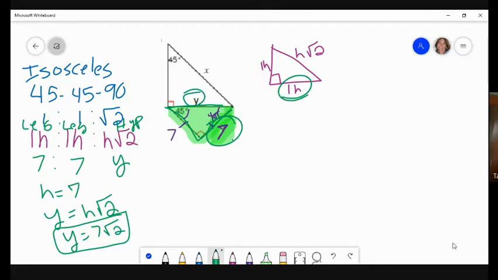Now, if you are ready to put that into Schoology, you can. And of course, 7 square root 2 is going to be 9.9. And I think we did round these to the 10th. Yes, these were to the 10th. So if you're in Schoology, you can go ahead and put in the 9.9 for that particular answer for y.